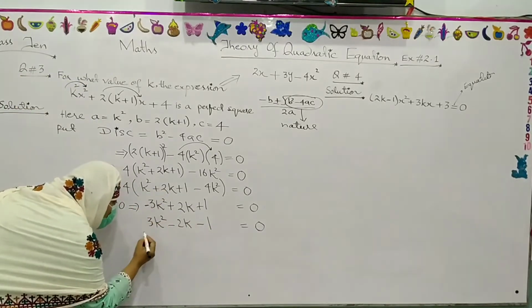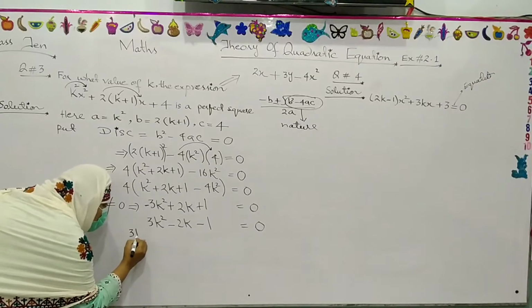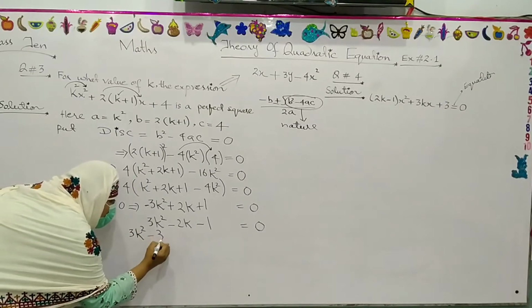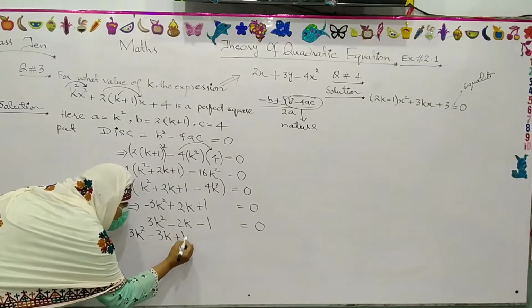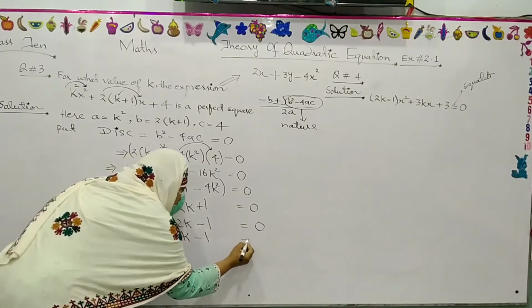3 into 1 is 3. My pair will be 3k square minus 3k plus k minus 1 is equal to 0.